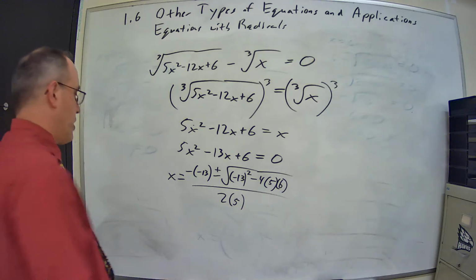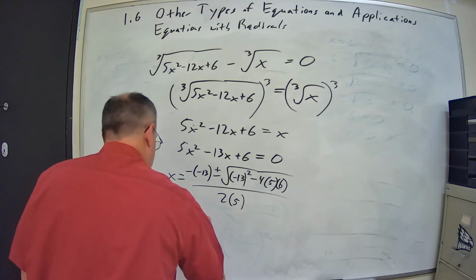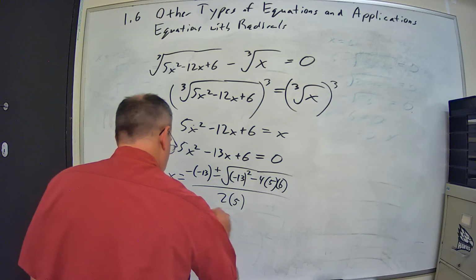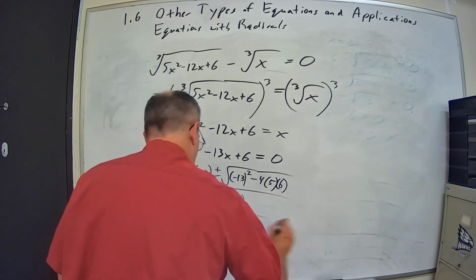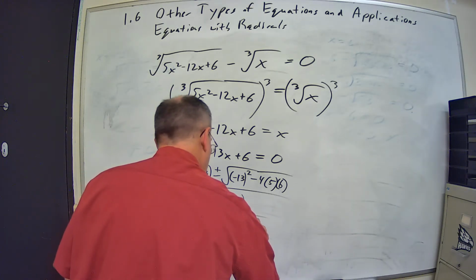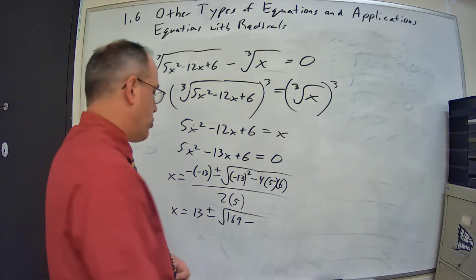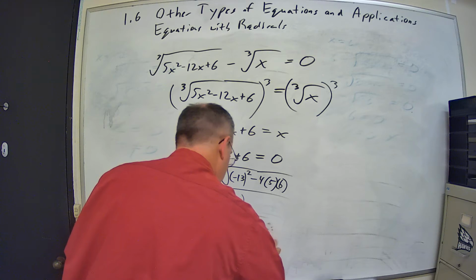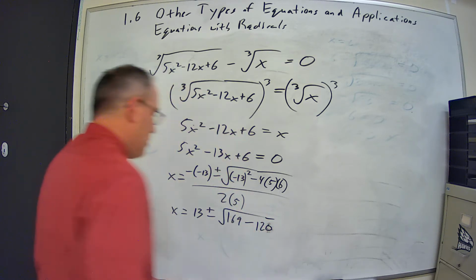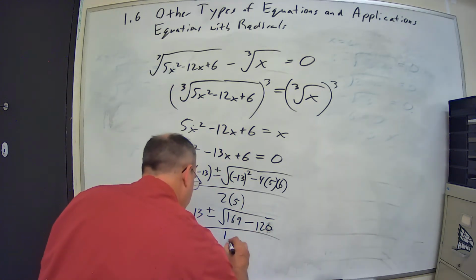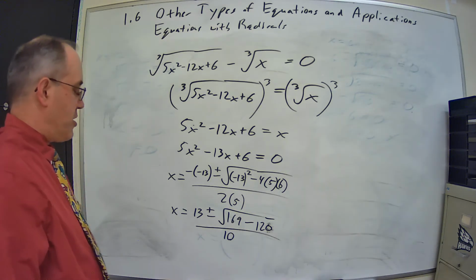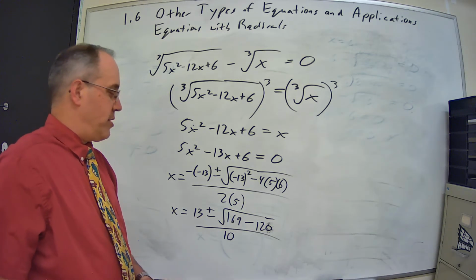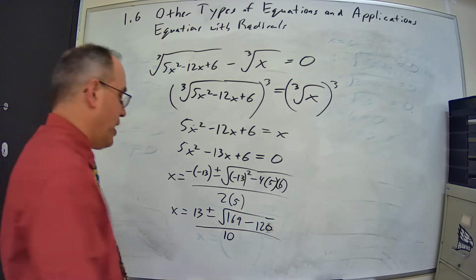So now we can start working through it. X is equal to 13 plus or minus the square root of 169 minus 120 over 10, which is nice because 169 minus 120 is 49.